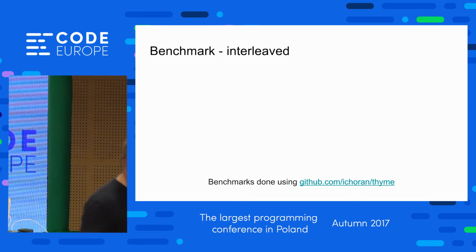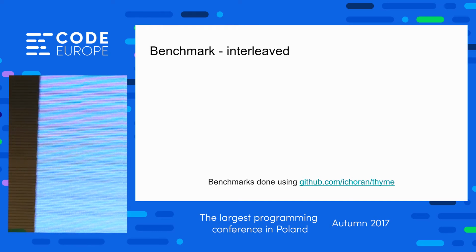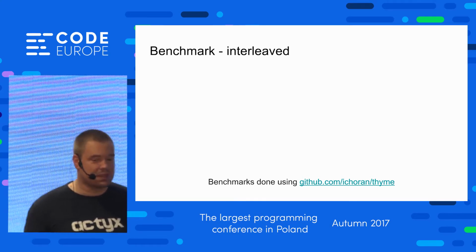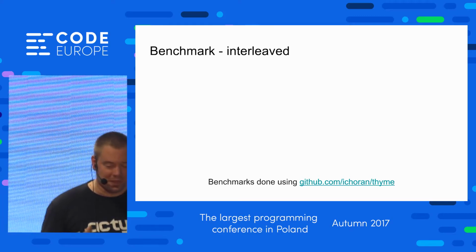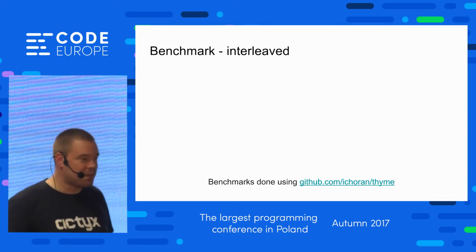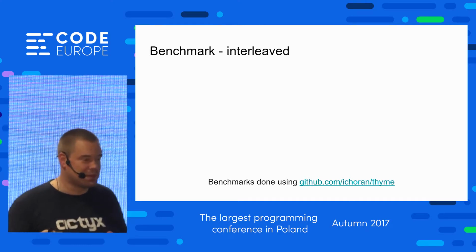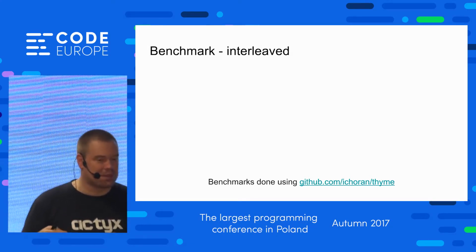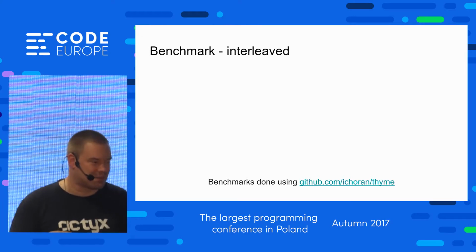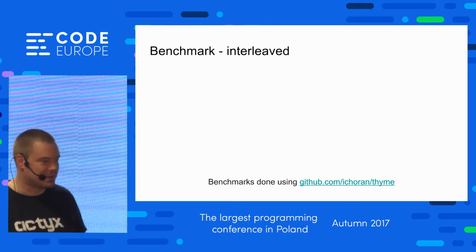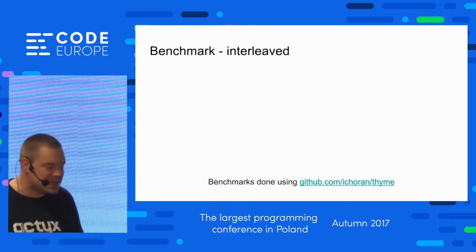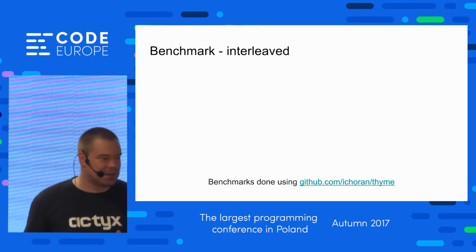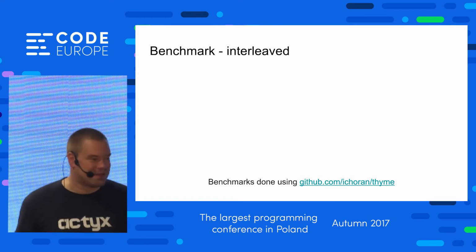So the benchmark numbers, are they averages, or is that just a point sample? This is a point sample, but I'm using a benchmarking library called Thyme, which properly does all the right things like warm up and sampling quite a few times and making sure that the JVM is in the right state. So it's not as accurate as JMH, but it gives you results after a minute, not after an hour.